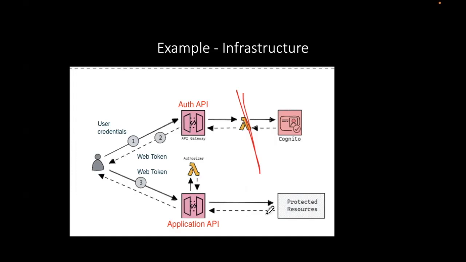Some of the functionality down here may not require the user to be authenticated, and some will. For those parts of the application that do require authentication, the token is included with the request.